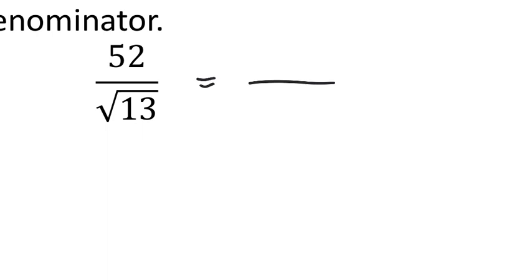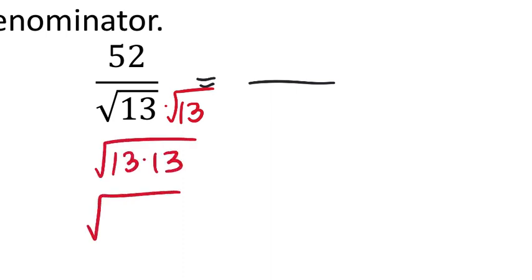So how are we going to make that not a square root? I'm going to take that square root of 13 and just multiply it by itself. Okay, because the square root of 13 times the square root of 13, I can make that the square root of 13 times 13, which is the square root of 13 squared, which is just 13. So that makes the denominator just a 13.